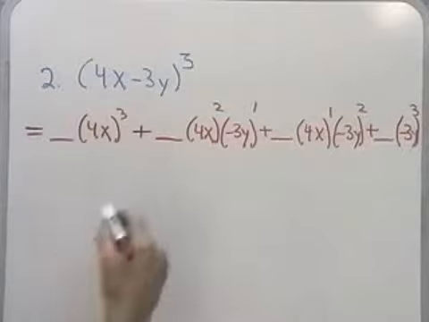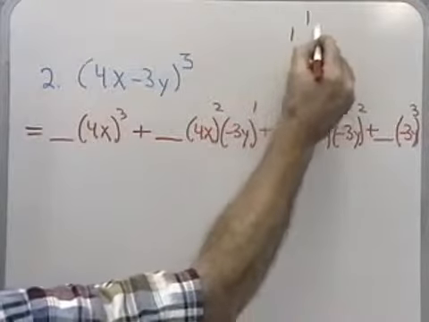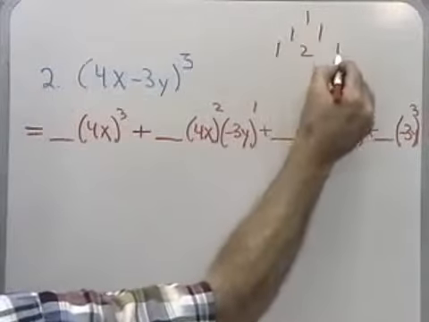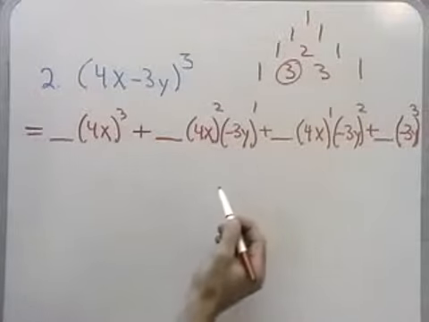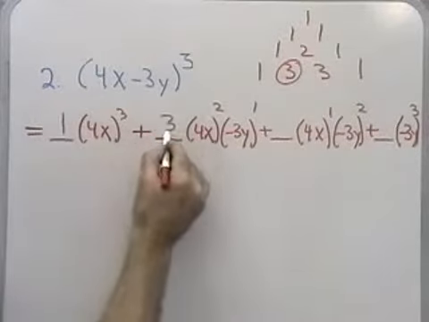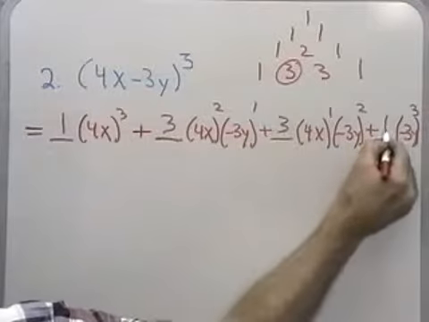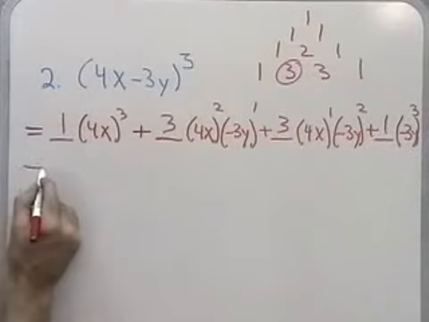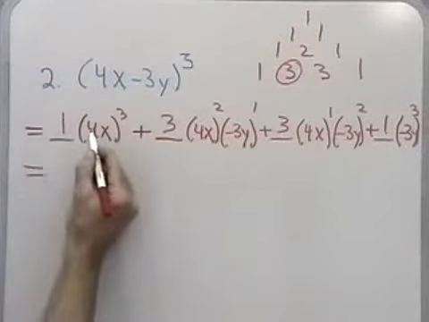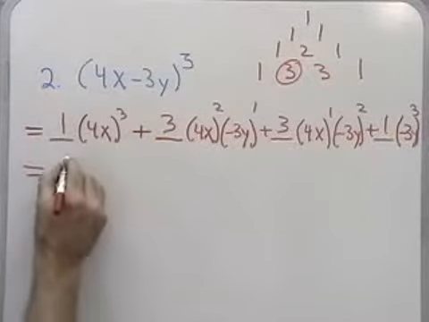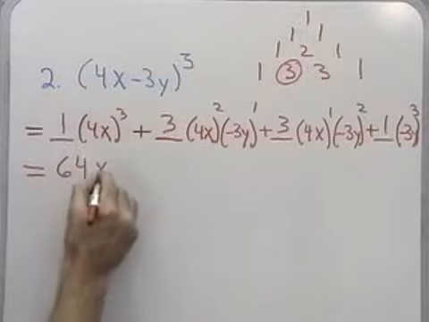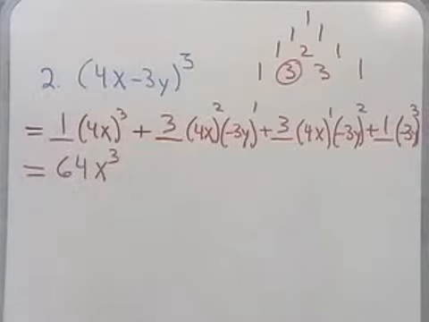Okay, now for my coefficients, I use Pascal's triangle, and I'll go down to this row that has a 3 in this position right here. So it's 1, 3, 3, 1 for the coefficients in Pascal's triangle. Now let's just simplify. 4 to the third power, 4 times 4 is 16, times 4 is 64, x to the third power.